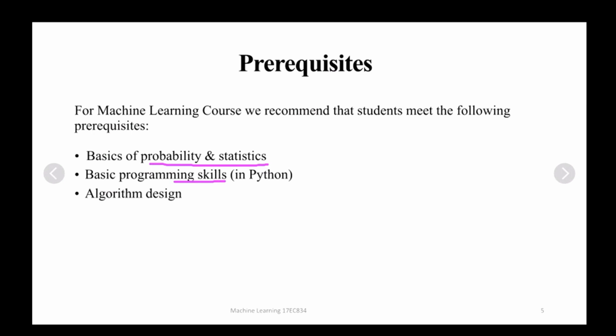If you have programming skills like Python, it is an added advantage. And algorithm design, basically, since you're already into algorithm design in many other subjects, here also it is the same. So that basic knowledge is actually required. These are the actual prerequisites for you to learn machine learning.